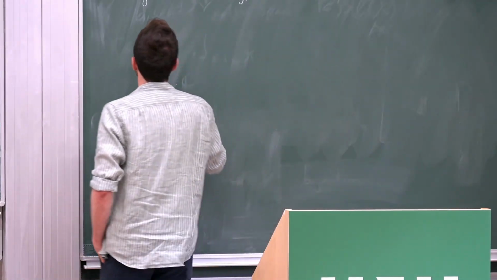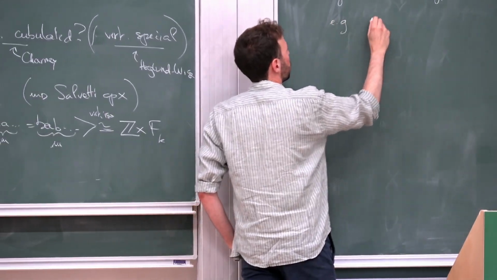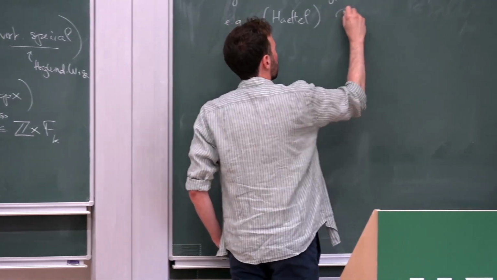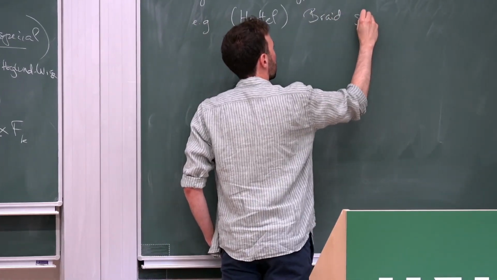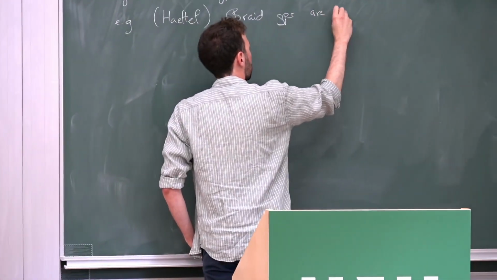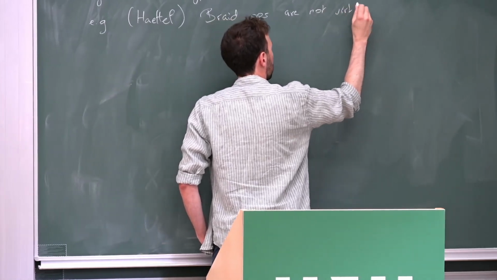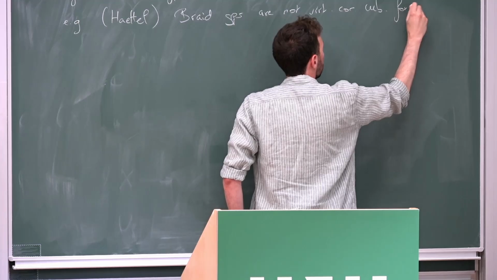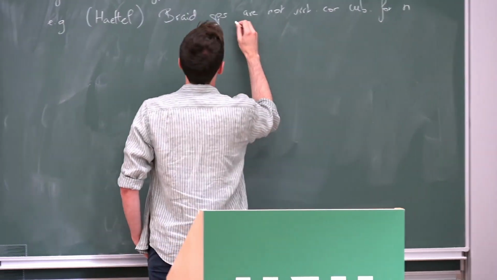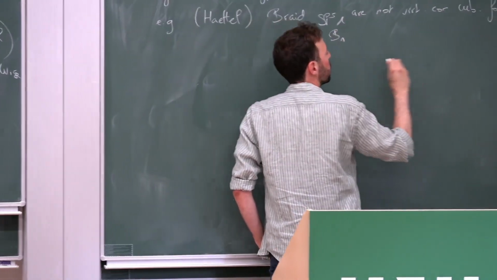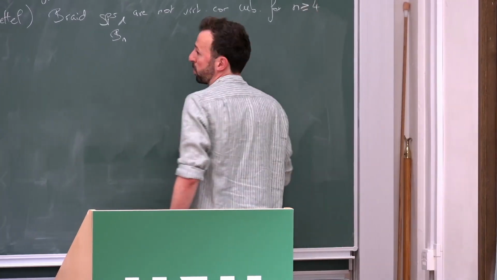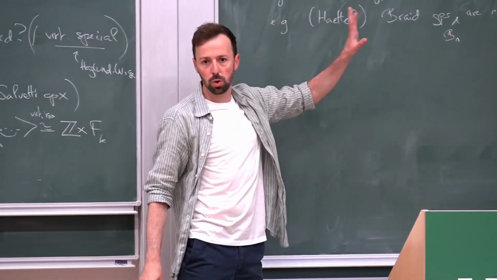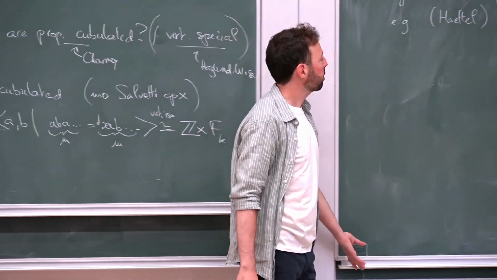For instance, this is a result of Thomas et al.: braid groups B_n are not virtually co-compactly cubulated for n at least 4. So even that small triangular Artin group I mentioned earlier is not co-compactly cubulated.